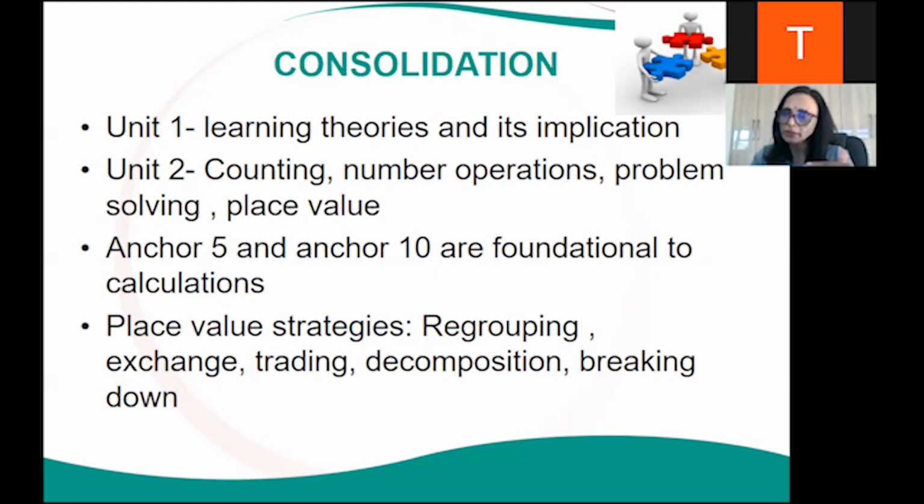Following anchor 5, anchor 10, you've seen how important the base 10 is for calculations, where we have regrouped and exchanged and so forth. And then you also learned about place value strategies such as regrouping, exchange, trading, decomposition, breaking down numbers to calculate.